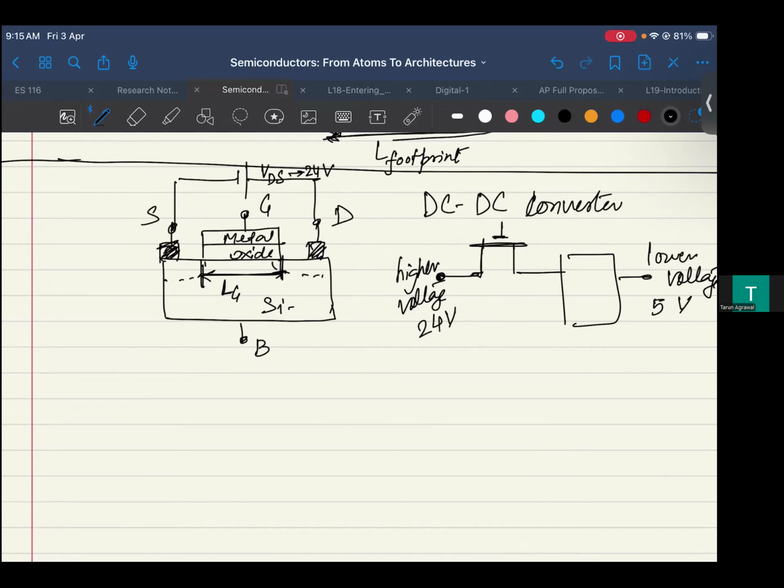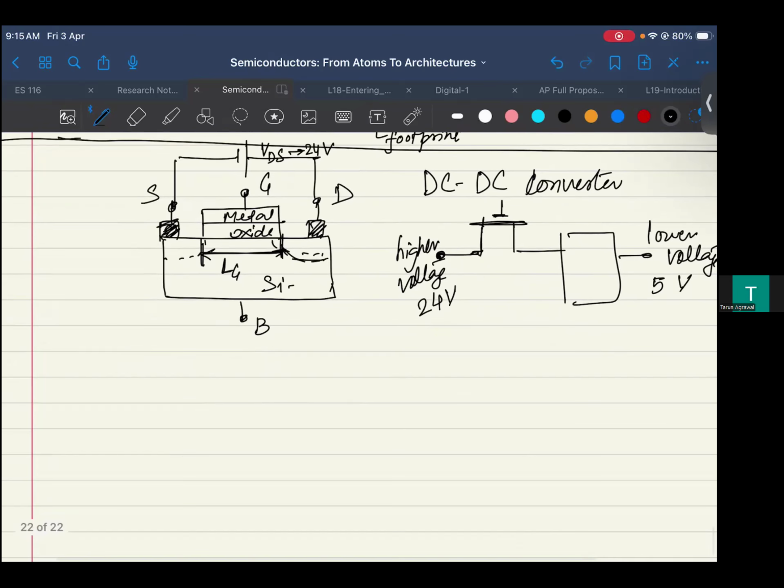What you see there is that this transistor would not be able to hold such a large voltage if we design it as a switch for logic. For high voltage, we have to rethink the transistor, because after a certain voltage the electric field is so high that there is breakdown and everything starts to happen. So you have to rethink designing this transistor.